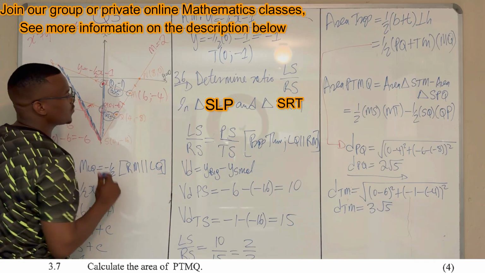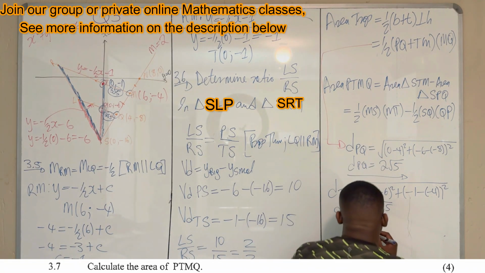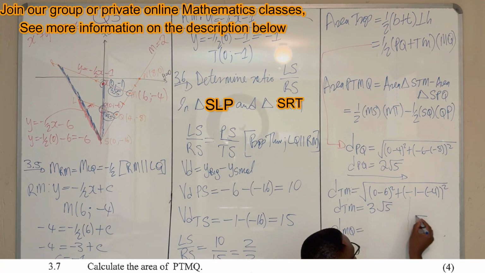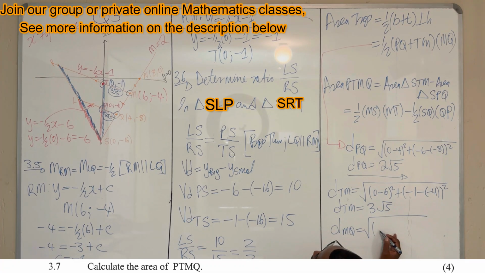Then we need this length MQ. The distance MQ is equal to 6 minus 4 all squared plus negative 4 minus negative 8 all squared.